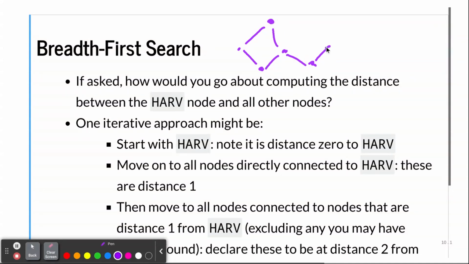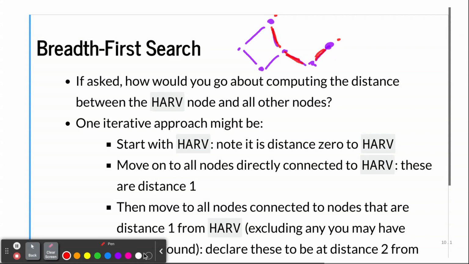One way to do it, if you wanted to find the distance between, say, the starting node up here and this node, would be, okay, let's just go directly there and see how far the distance is. This would be called a depth first search because I'm going deep along a particular path before I consider alternative paths.